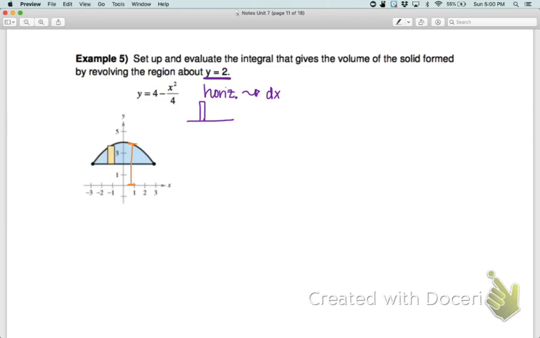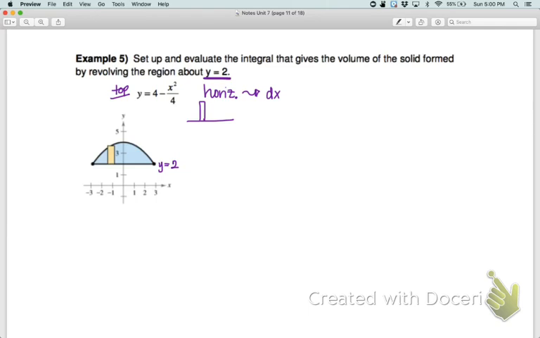That's too much for my radius. We don't want that much. And so we have to essentially subtract off this bit here. It is exactly like before, top curve minus bottom curve. So in this case, the top curve is 4 minus x squared over 4. The bottom curve is y equals 2.